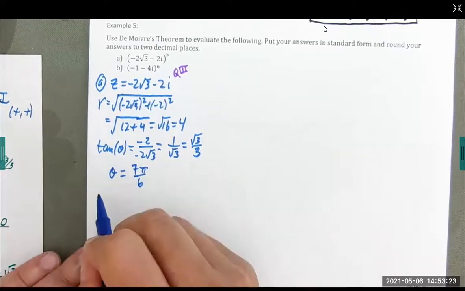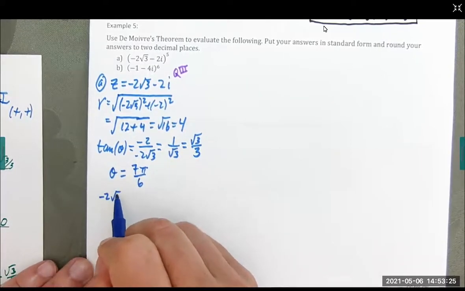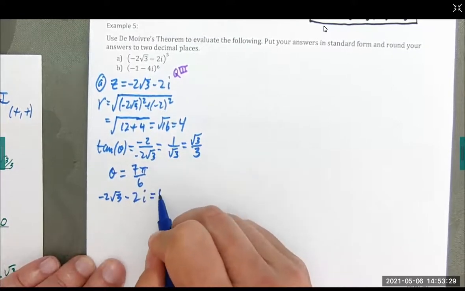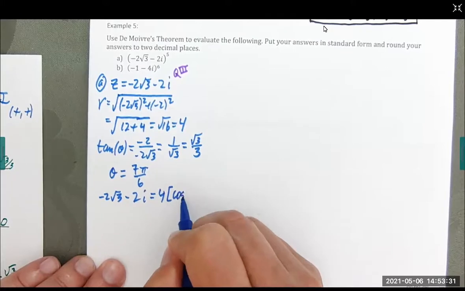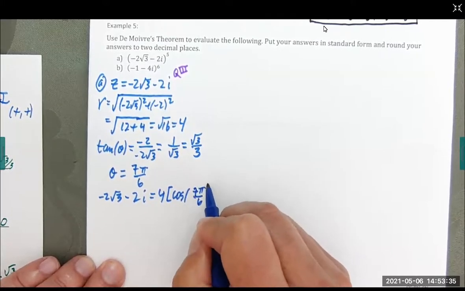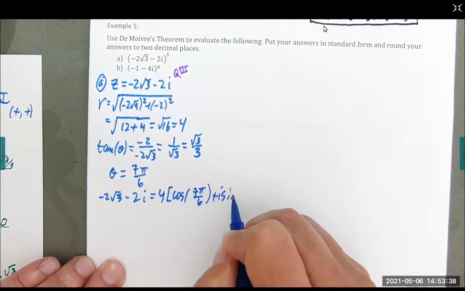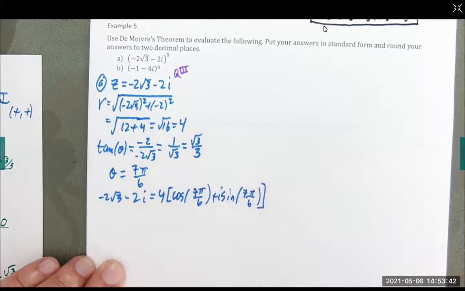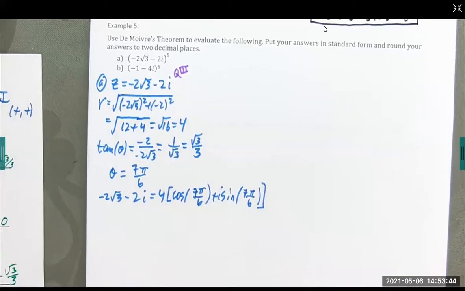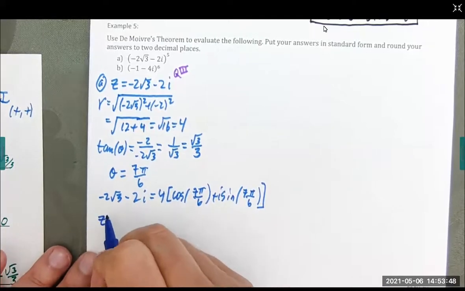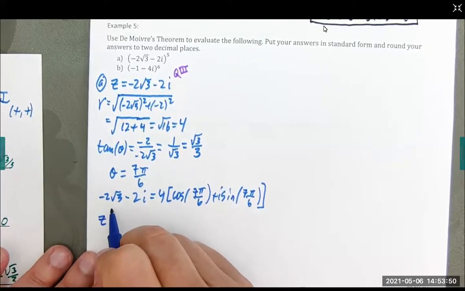What this means is negative 2 root 3 minus 2i is 4 cosine of 7 pi over 6 plus i sine 7 pi over 6. Now that we have it in polar form, we can do z to the 5th power.